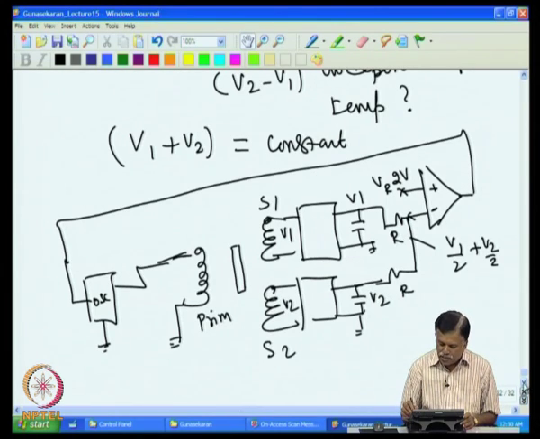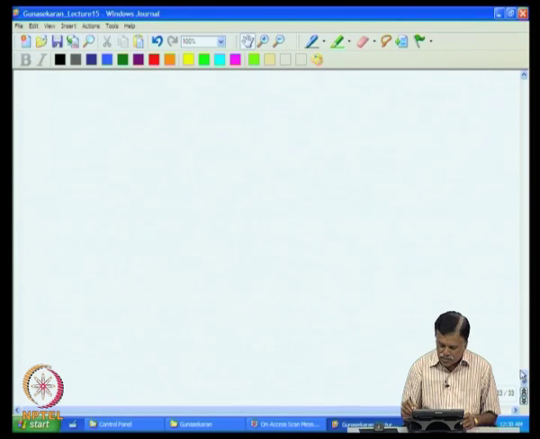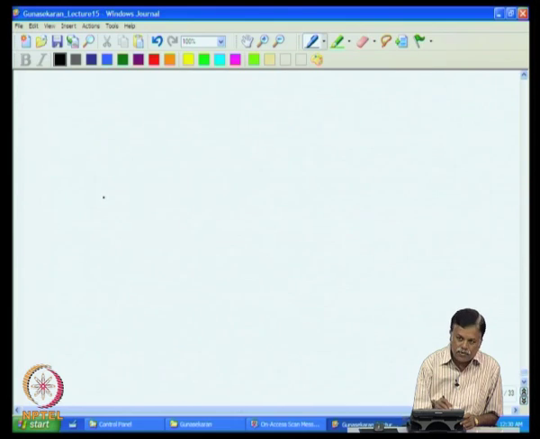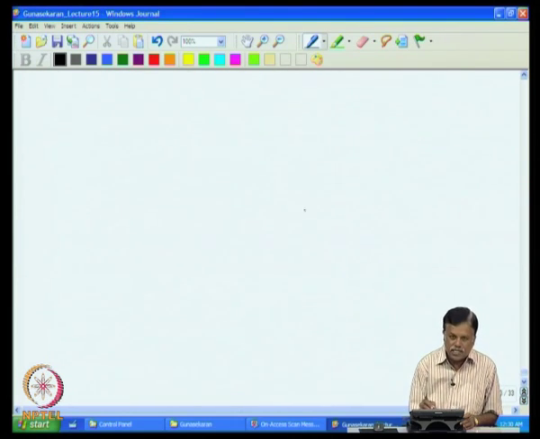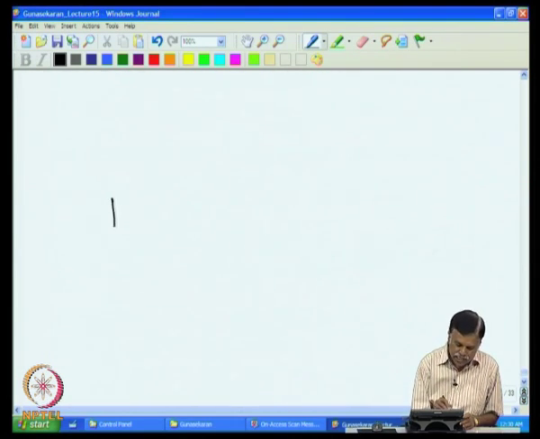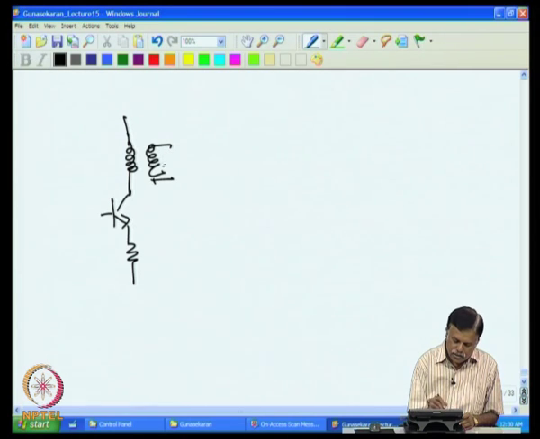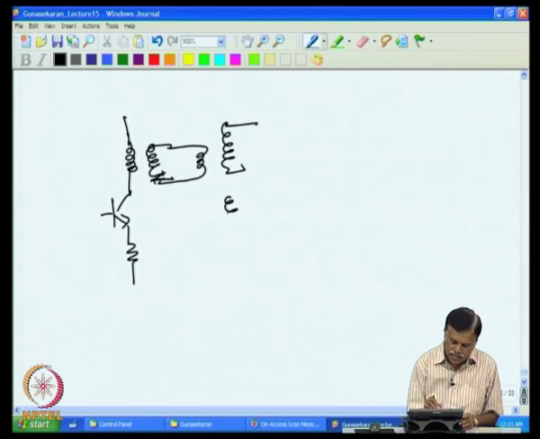Now, if you want to build the exact circuit for this, we can do it like this. We will start from the oscillator, because we have to design the oscillator, and that should energize the LVDT. So, use a transistor based Hartley oscillator. For example, we can have this, then we have the output here, that is actually one transformer we can have, that can be the primary of the LVDT, with a secondary here and a secondary here.